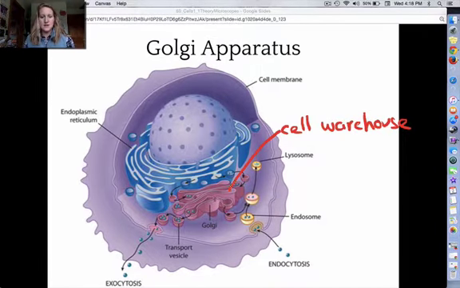So everything that's made in the endoplasmic reticulum moves here to the packaging plant. It then moves and goes either out of the cell or to another part of the cell.